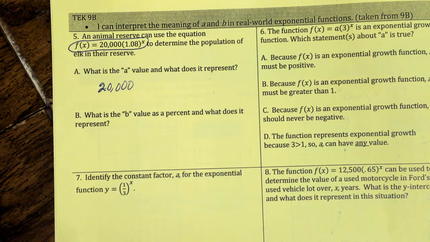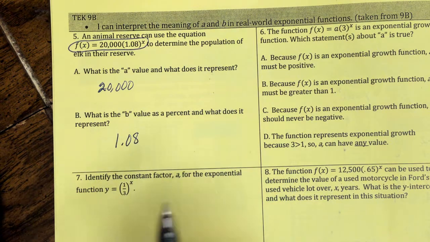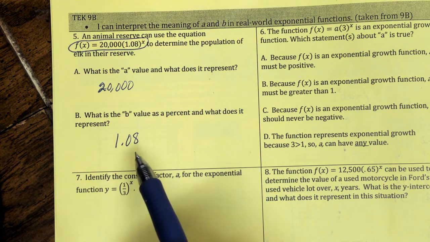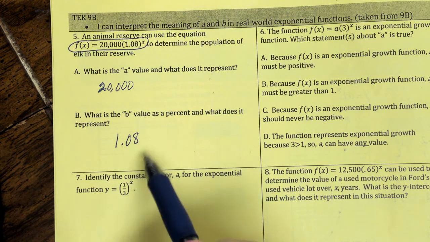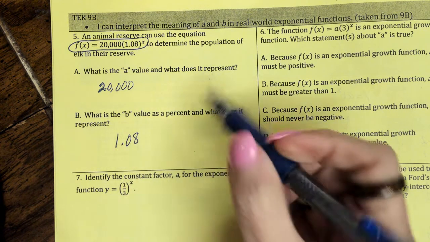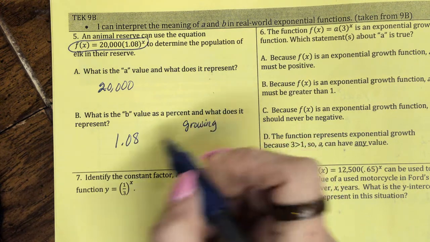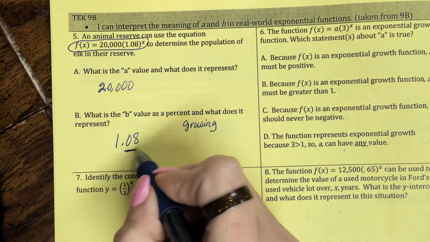What is the B value? So the B value in this would be 1.08. What does that represent? Okay. So this 1 right here in the front means that it is growing, right? This represents something growing. How much is it growing by? Look over here.